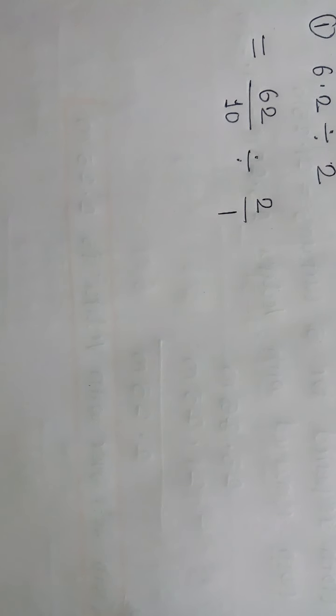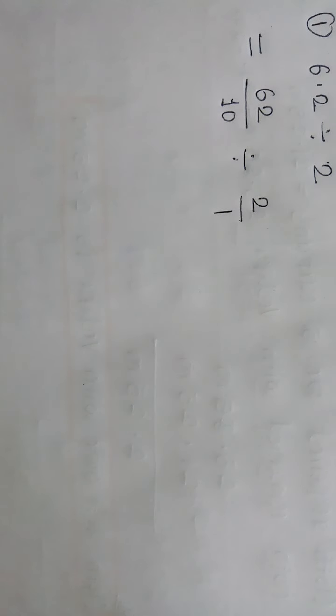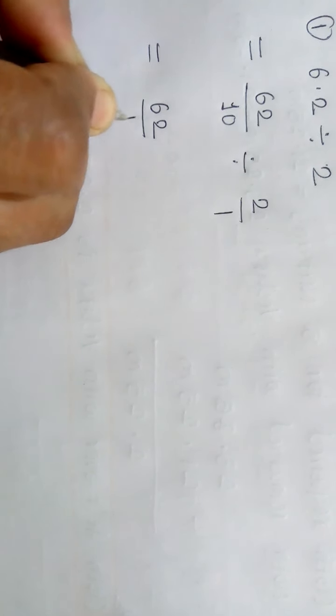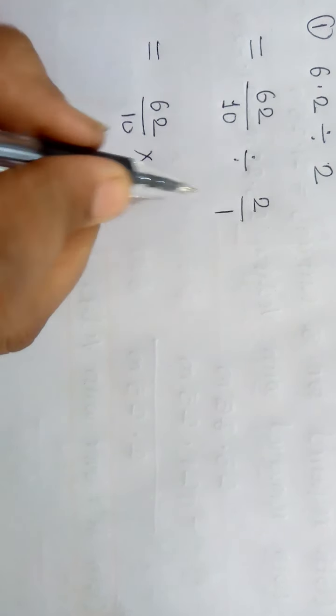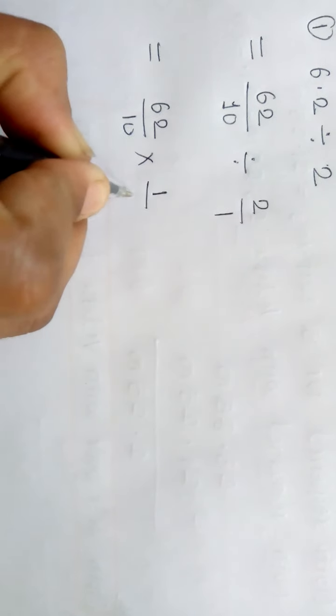Remembered? Okay, good. Now these two fractions we can divide by the previous method given above. So what to do? Write the first fraction as it is, that is 62 upon 10. Then the multiplication sign. The reciprocal of the second fraction is 1 upon 2.